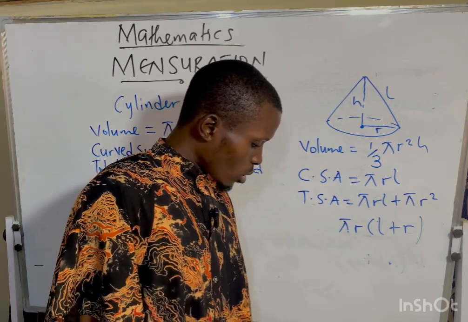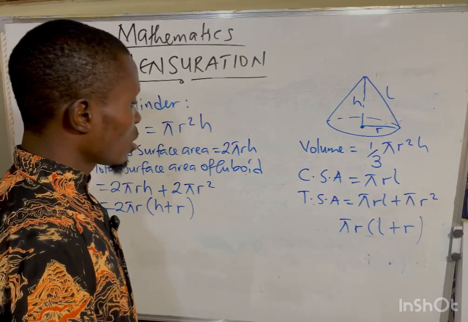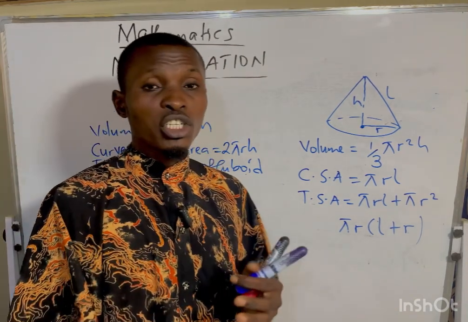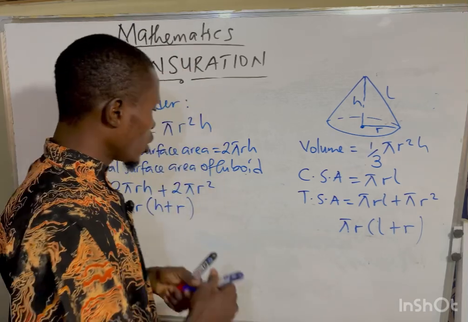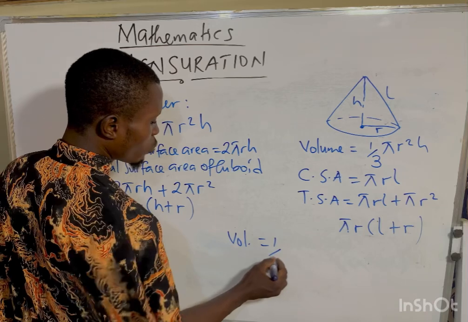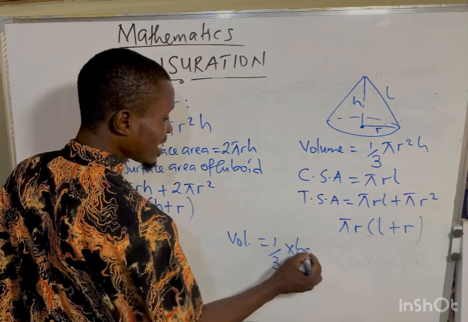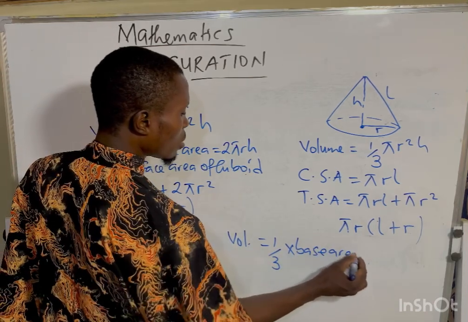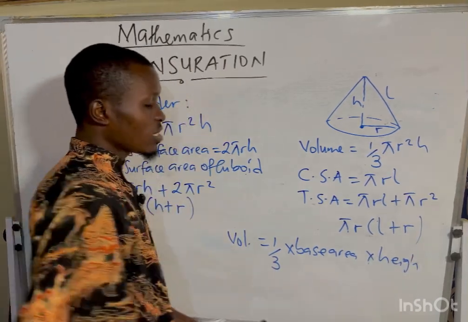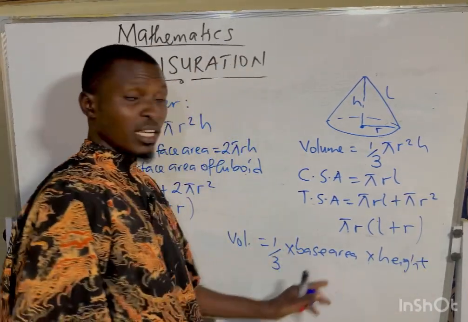Then for a pyramid, remember, the name of a pyramid depends on the shape of its base. But generally, the volume of a pyramid is given by 1/3 times base area times height. The height is always constant, but the base area changes.